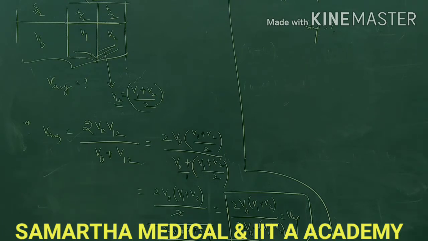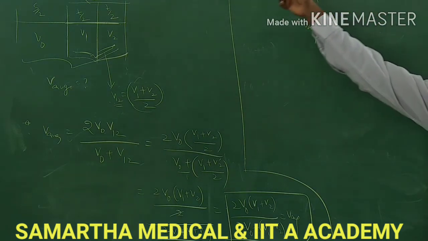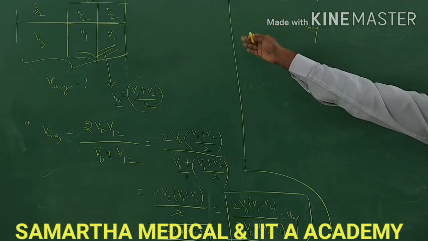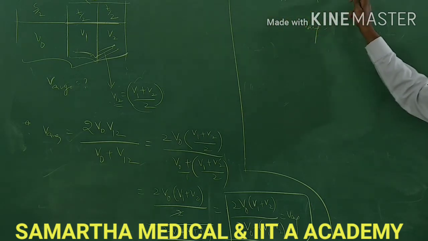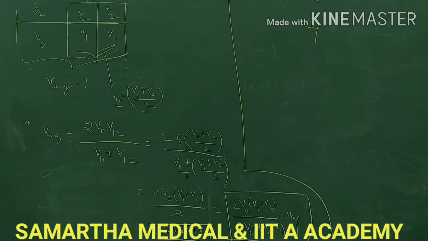What? 2V1V2 divided by V1 plus V2. Yes. See here, even it is coming back also, not in the same direction, not in the same line. There we saw in the same line. But here, A to B, how much distance is there? B to A also, if it is following the same path, the same distance only it covers.